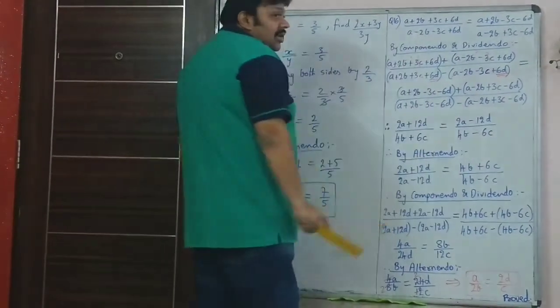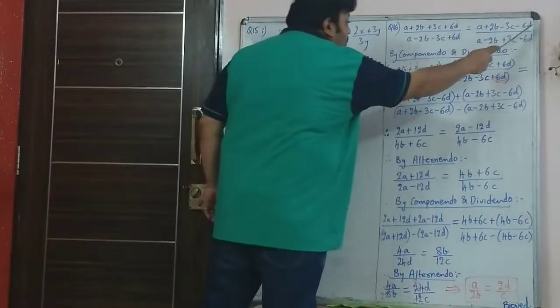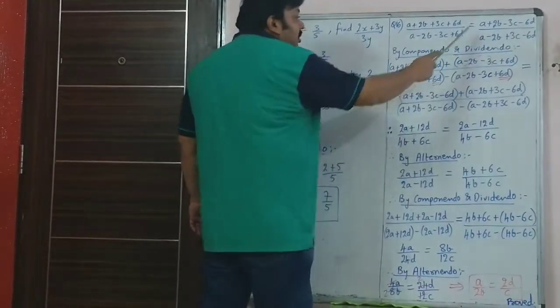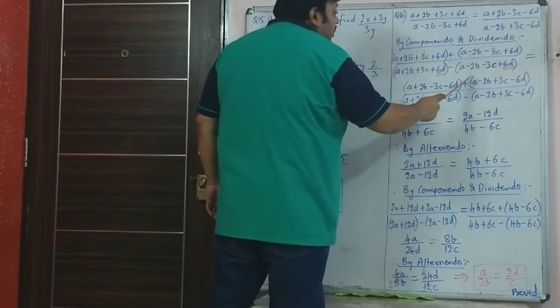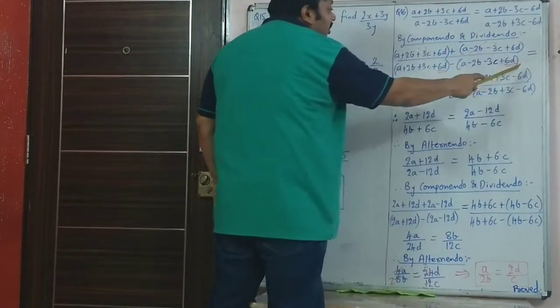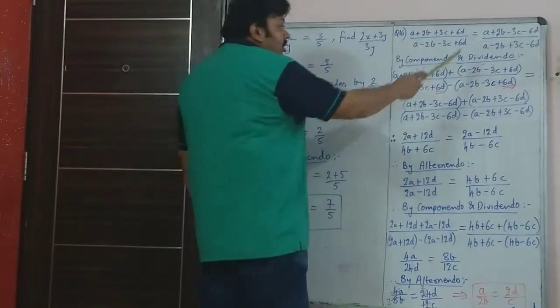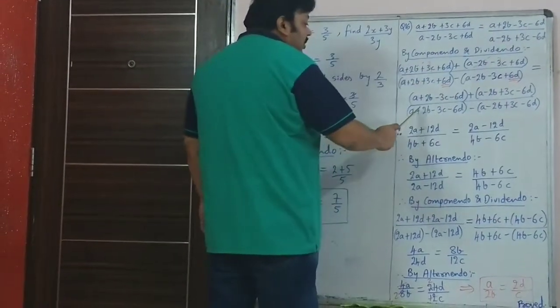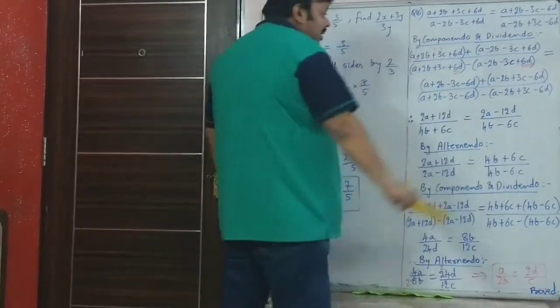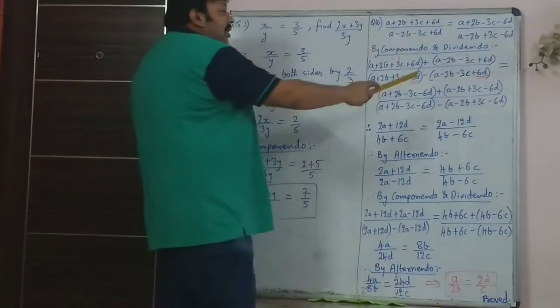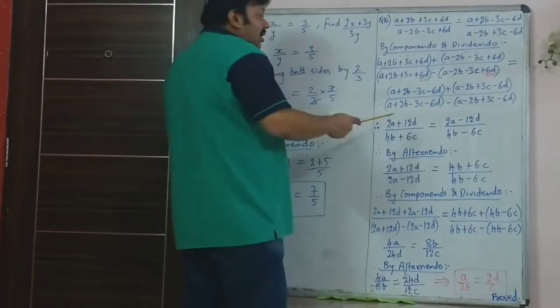Same thing we do on the right hand side. So it is numerator plus denominator. The same numerator is written here, plus this denominator is written here, upon the same numerator minus the entire denominator in bracket. So when you do this, what will happen?